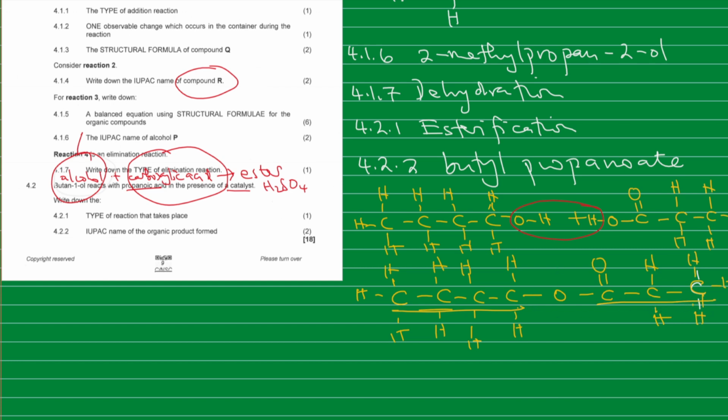The name for an ester is divided along this oxygen, so it's got two parts. This is a propanoate from the propanoic acid. This is a butyl from the butanol alcohol. So the full name is butyl propanoate.